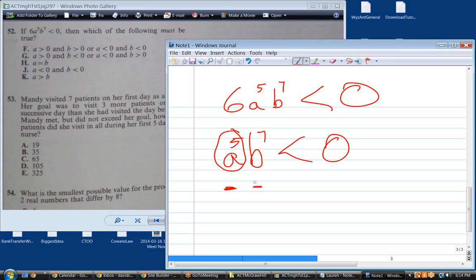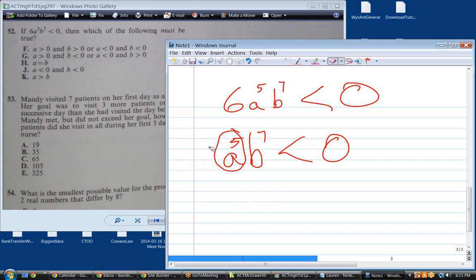And this term will be negative for the same reason. You take a negative number to the 7th power, it stays negative. You multiply them both together, and they're going to be positive. So F not only isn't true, but it's the exact opposite of what we want.